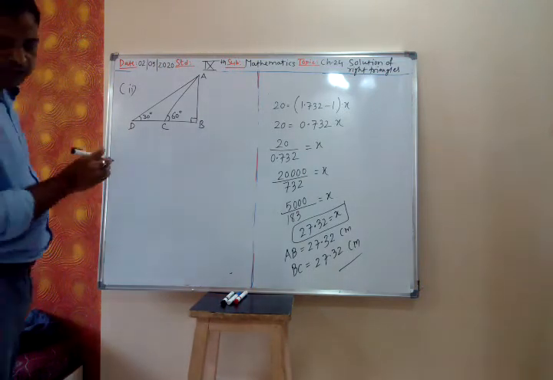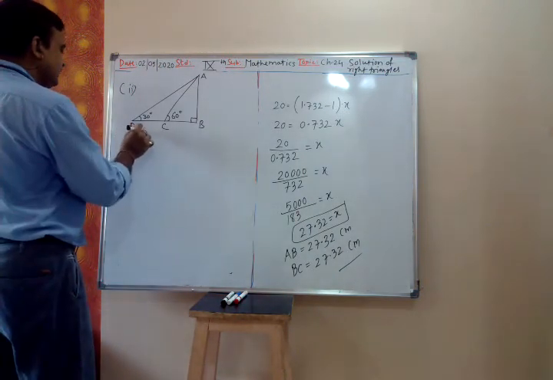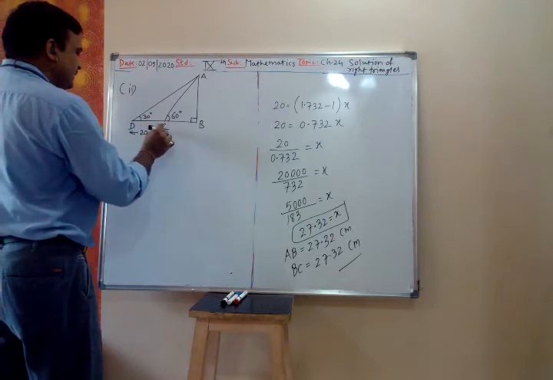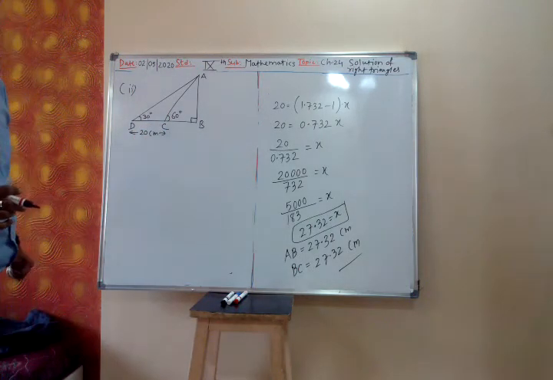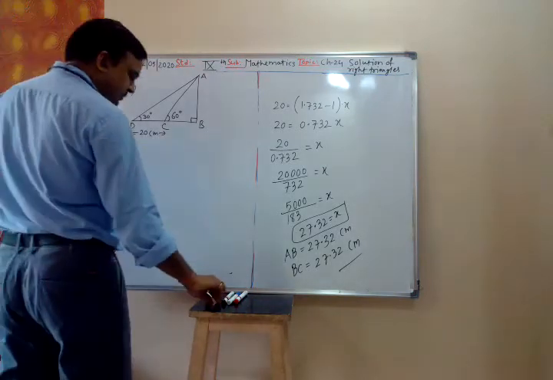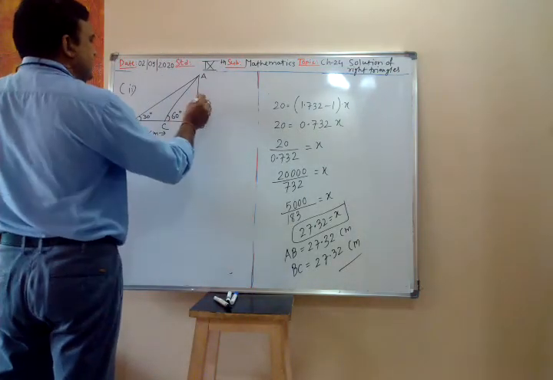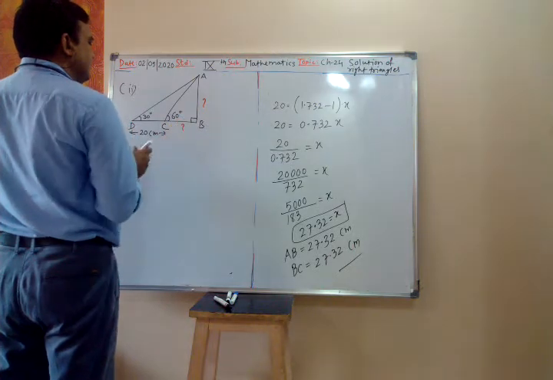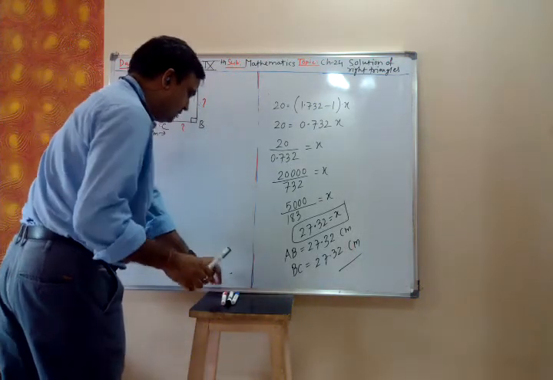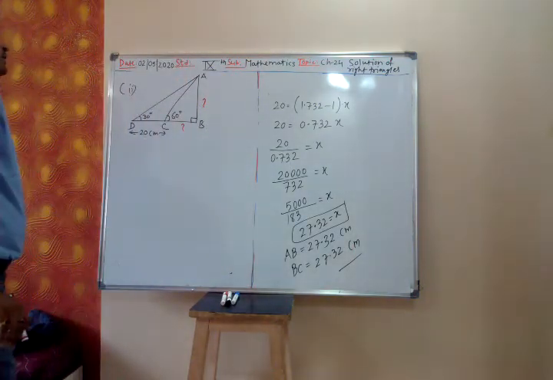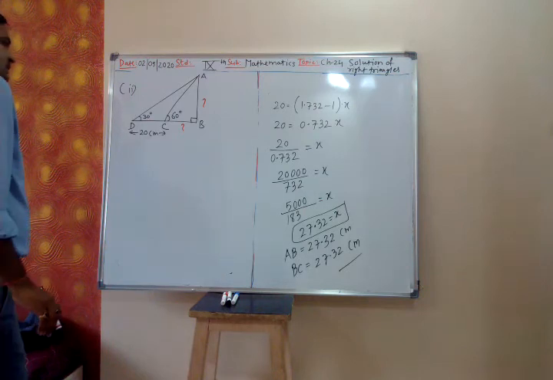Then DC is 20, this is 20 centimeter. This is all. Find AB and BC. We have to find AB and we have to find BC.